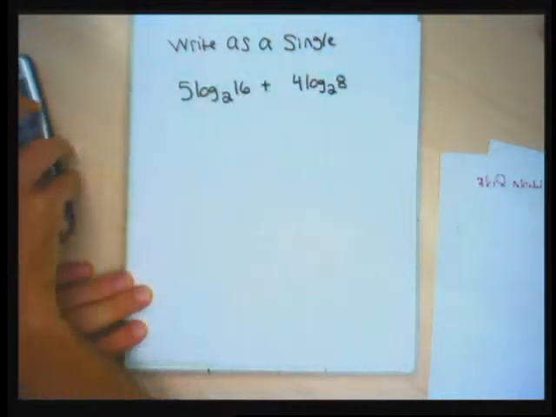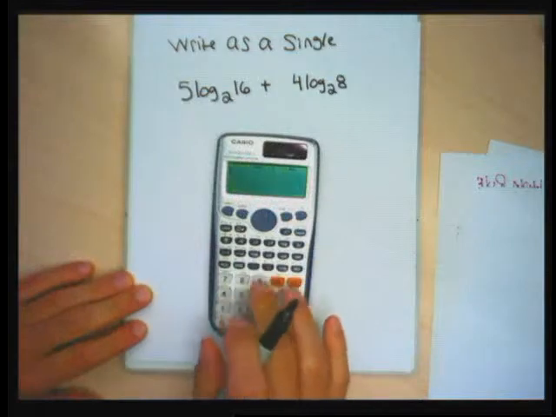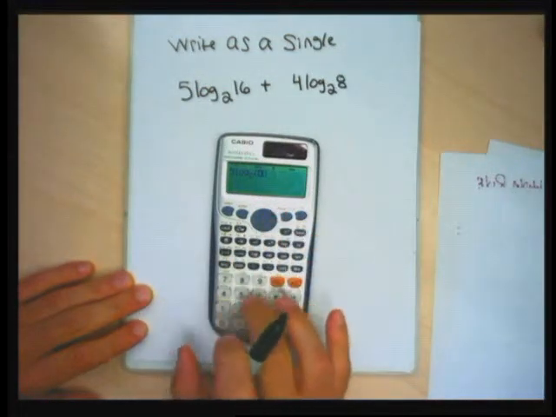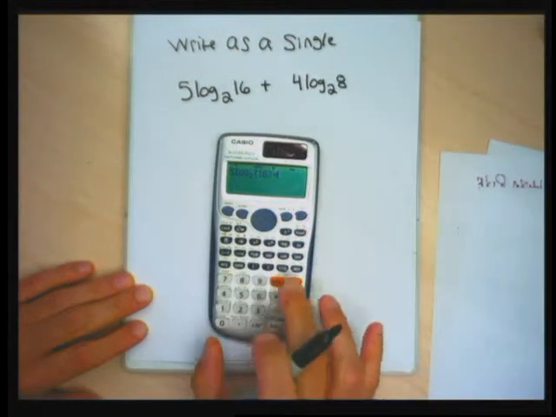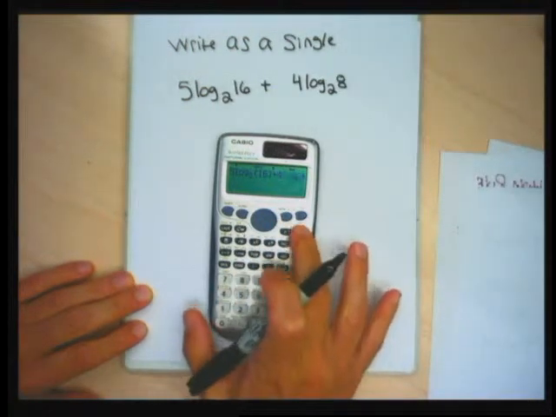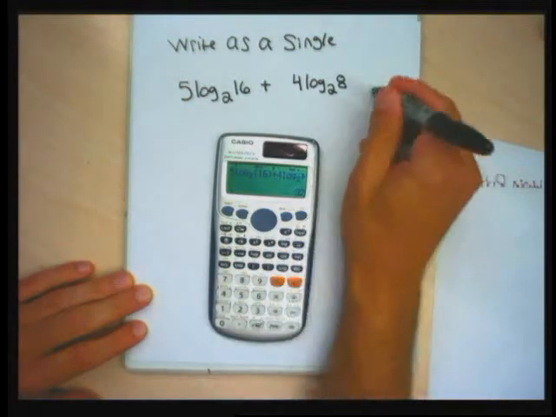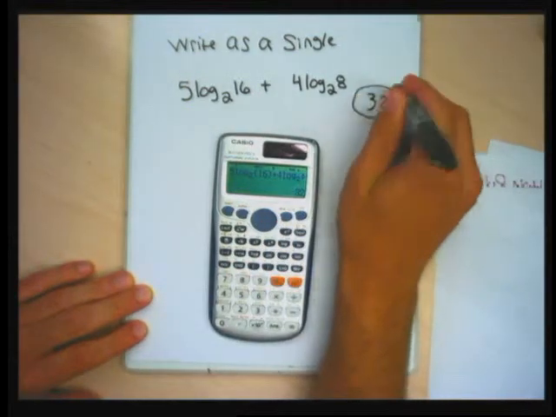Let me figure out what this equals. So 5 times the log base 2 of 16 plus 4 times the log base 2 of 8. So this whole thing equals 32.